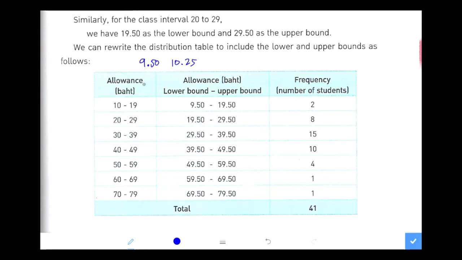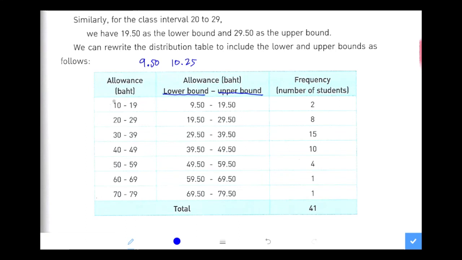So some people would say, if you don't have an integer, you have to change those class intervals into something called lower bound and upper bound. Very easy. So this one is from 10 to 19, right? How do you make the lower bound and upper bound?